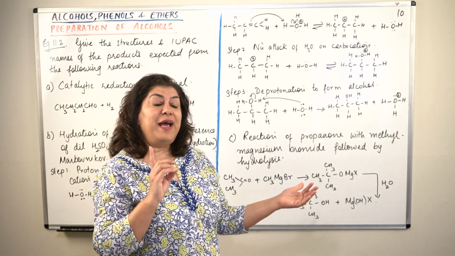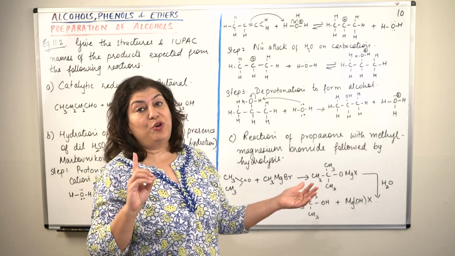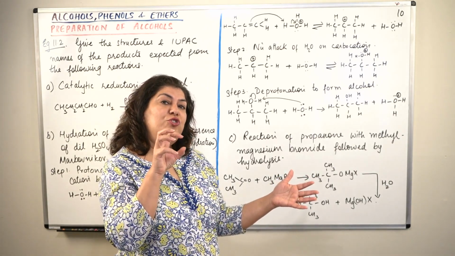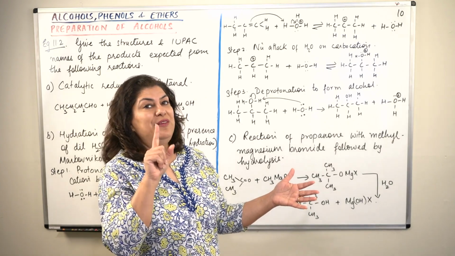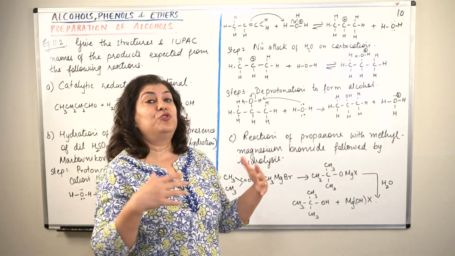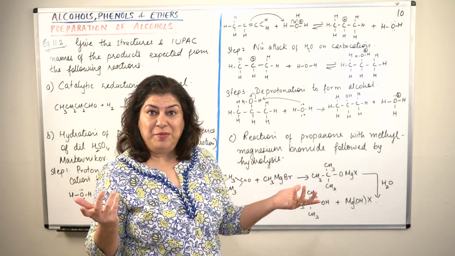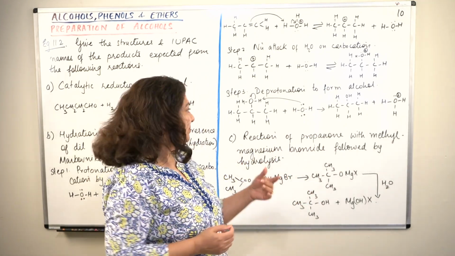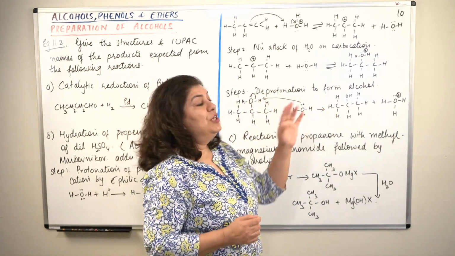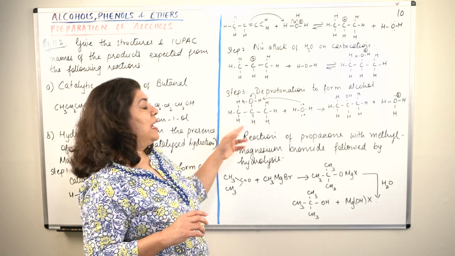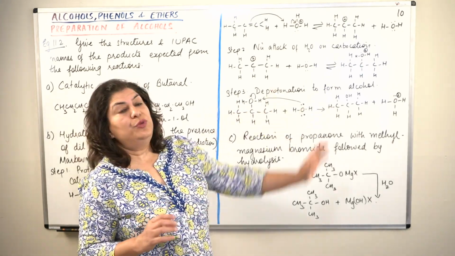Because a hydrogen atom has only one electron and one proton. If you remove the electron, hydrogen is reduced to only the nucleus having only one proton. So we call it deprotonation. H positive is also called only a proton because it doesn't have electrons. So deprotonation occurs of this ion, and that gives you the alcohol.